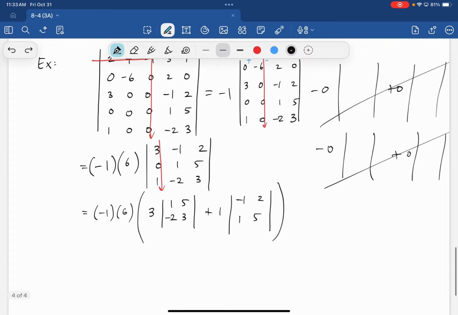Got it? I'm just going to keep going. Now we know how to do this because they're 2 by 2 matrices. So the answer is negative 6 times 3 times, what is that, 3 minus negative 10, so it's 13, plus 1 times negative 1 minus 2, which is negative 7.